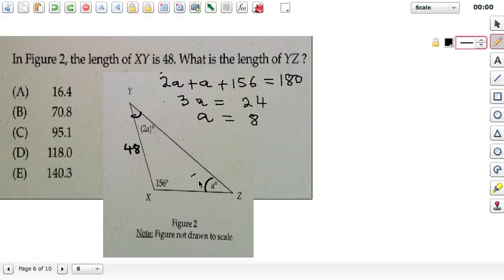So you have this angle right here, and you also have this angle right here. You can use your sine rule to figure out the missing side, which is YZ. So the length of YZ divided by sine 56 is equal to 48 divided by sine 8.